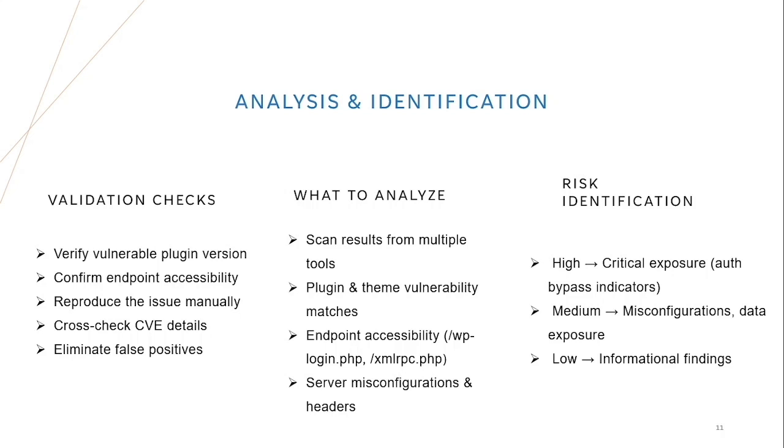And endpoint accessibility, such as wp-login.php, xmlrpc.php, and any WordPress configuration files or WordPress JSON files exposed to the internet, can be easily compromised by a hacker. And server misconfiguration and headers.